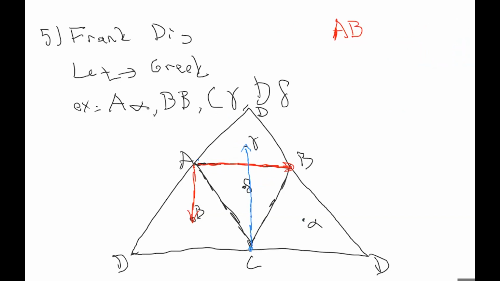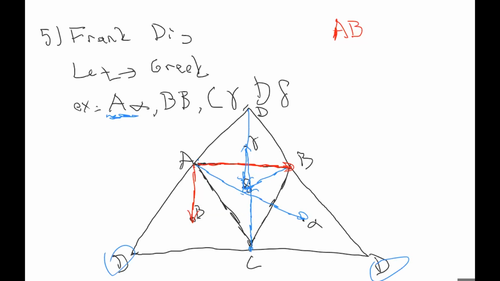Or let's check this guy right here, or this one right here, or this guy right here. These are all Frank dislocations, any D to the center of all.